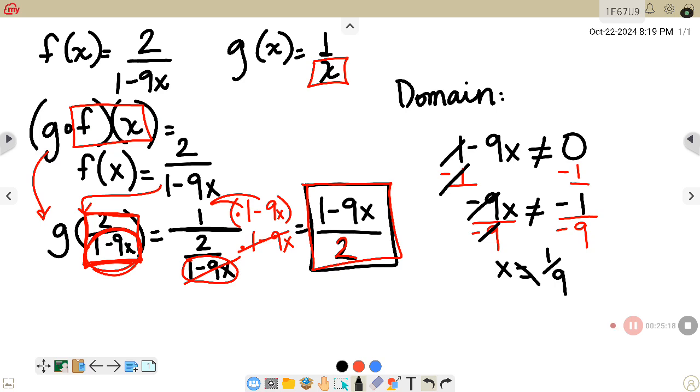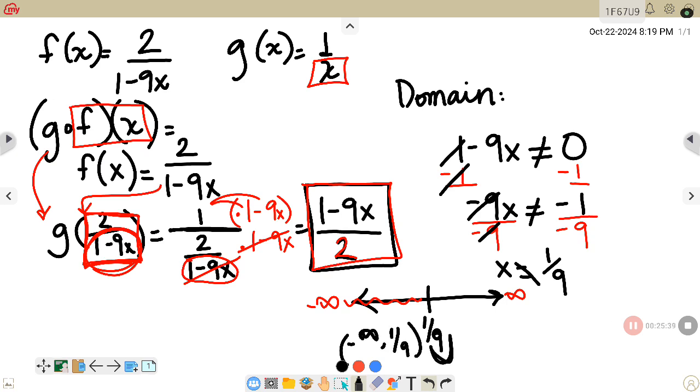So that's your only restriction on your number line, 1/9. So your intervals are negative infinity to 1/9, in union with the other interval, 1/9 to positive infinity.